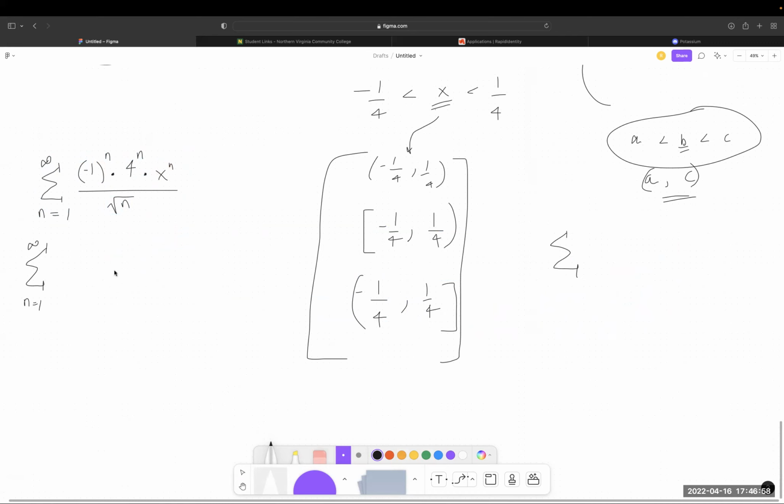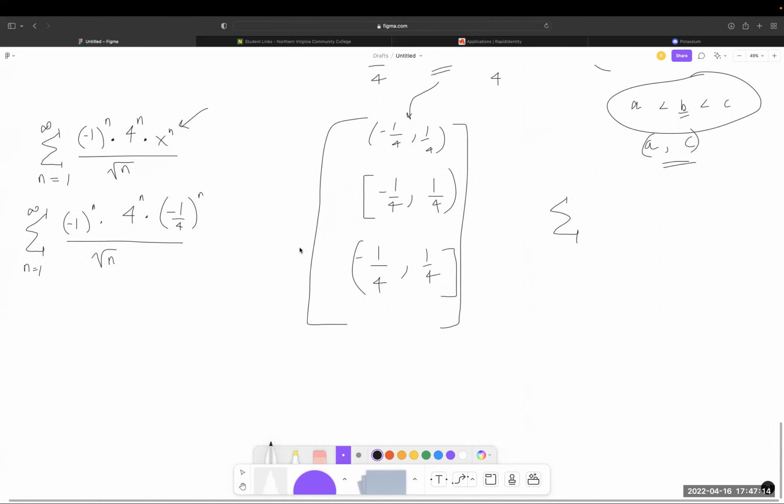Negative 1/4 for the x, this guy here. So this is negative 1 to the n times 4 to the n times negative 1/4 to the n, over the square root of n. And you can actually multiply this: negative 1 to the n times negative 1/4 to the n is just positive 1/4 to the n.